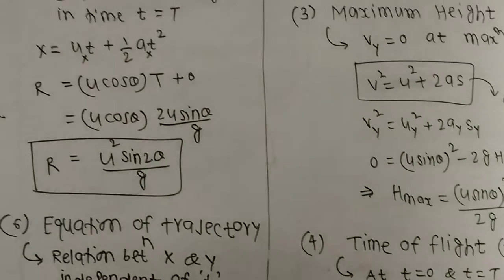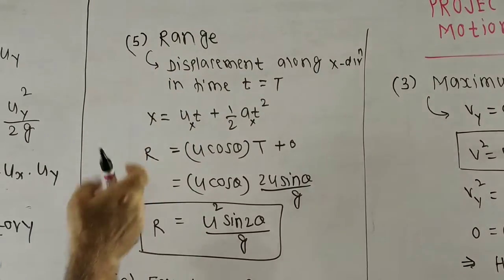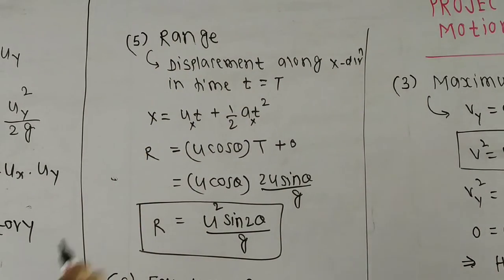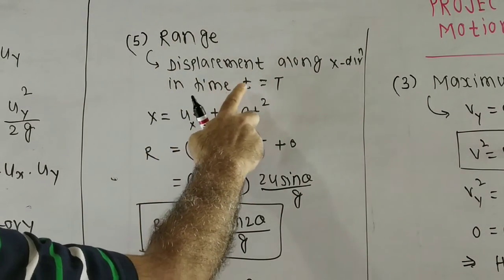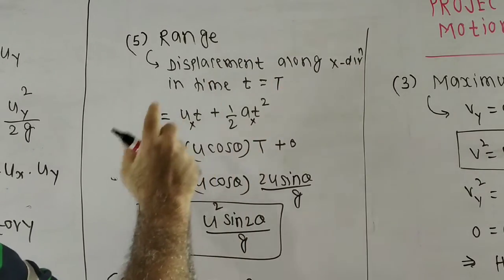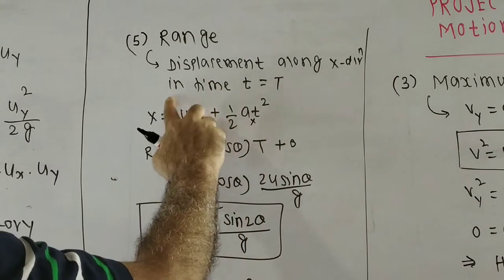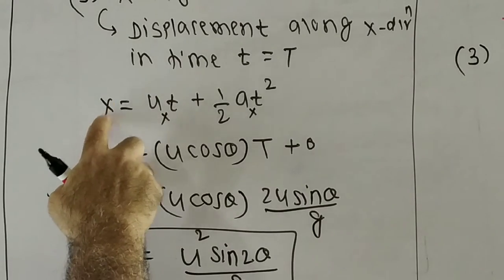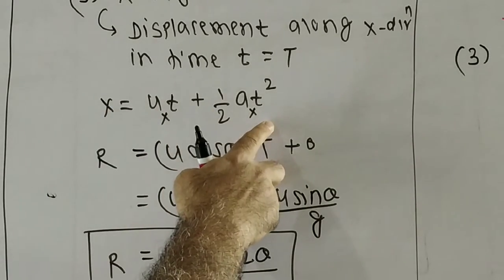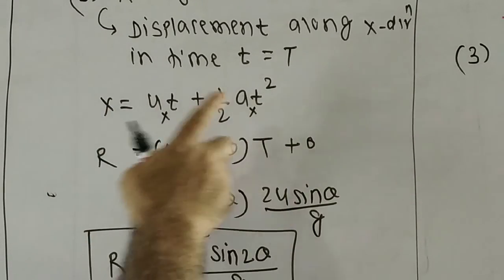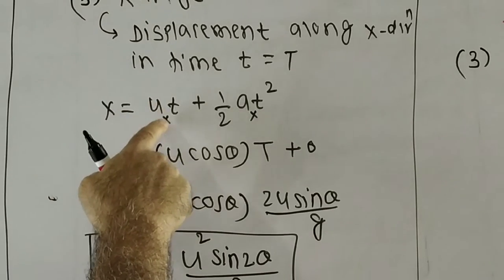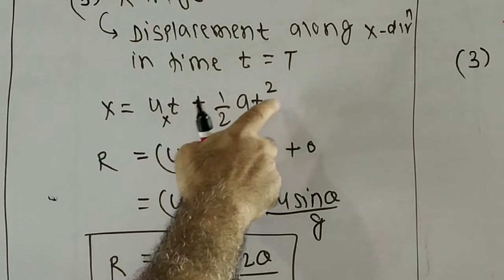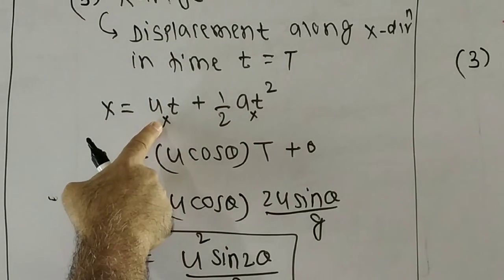The next is what is the range? Range is nothing but displacement along x direction in a time equal to time of flight. So apply the displacement. Displacement in the x direction, nothing but x coordinate. Again remember, s is equal to ut plus half at square. Apply this formula in x direction. So x becomes uxt plus half axt square. What is initial component in x direction?